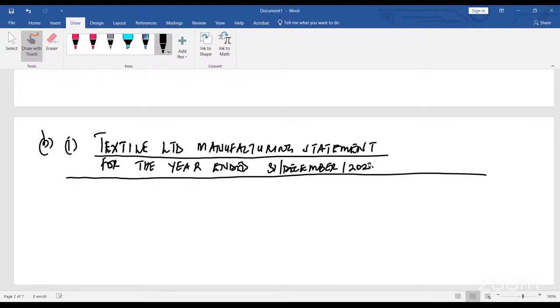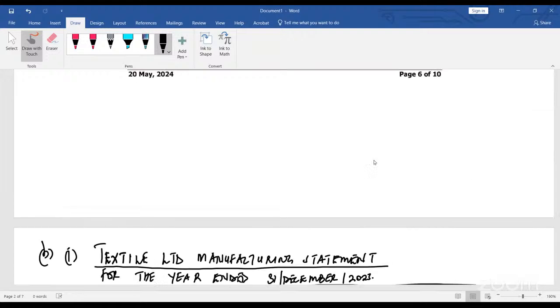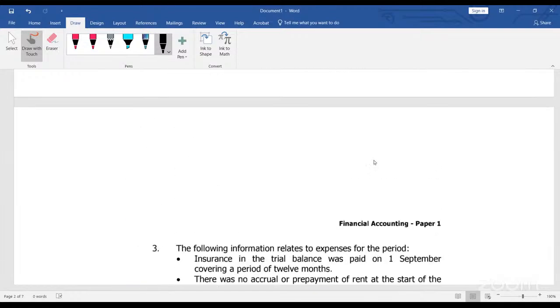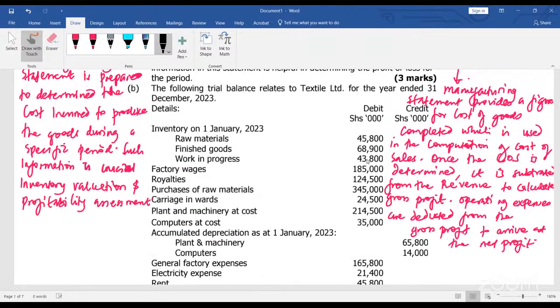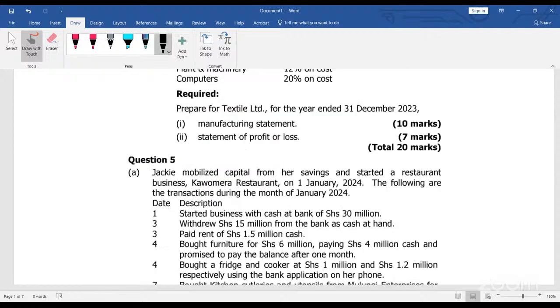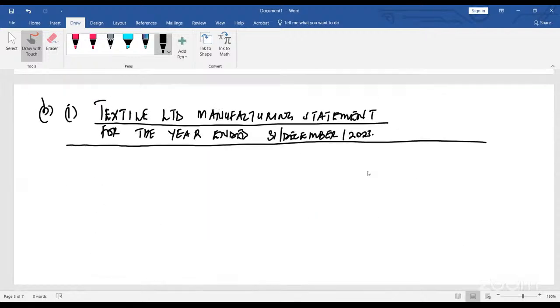So the amounts are in shillings, our presentation currency. I have to show that. So I have shillings, but these amounts are in thousands. The level of rounding off is thousands.